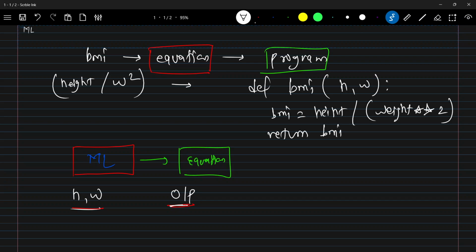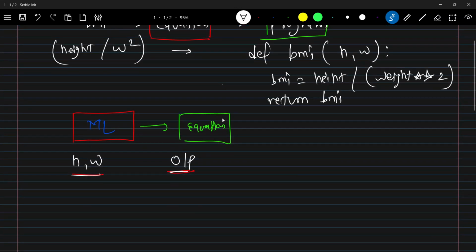So there are three things that we need to train a machine learning model. If we don't know the equation, we need these three things. Let me scroll down a bit.